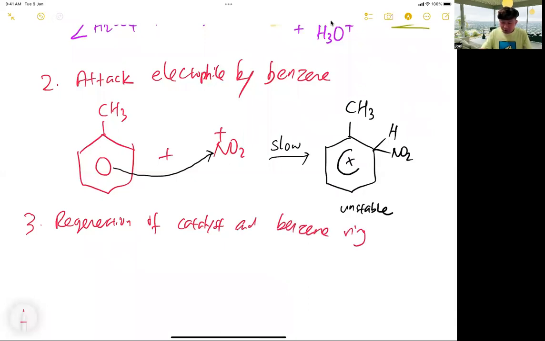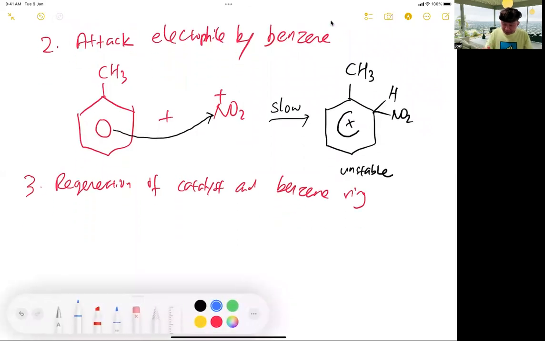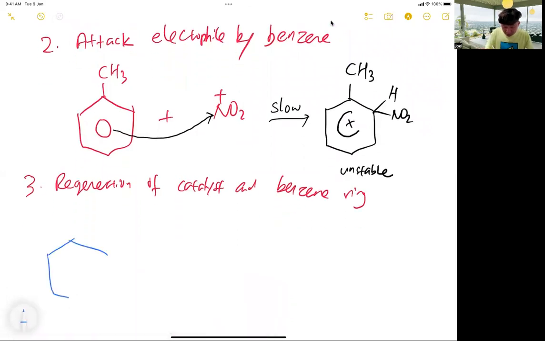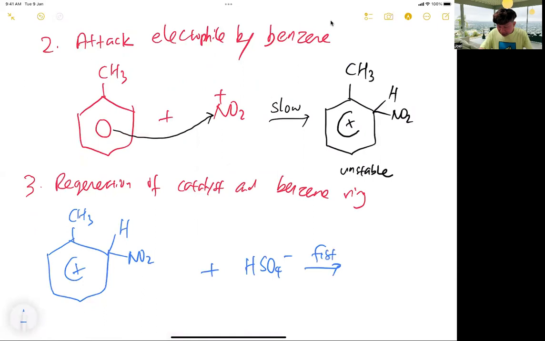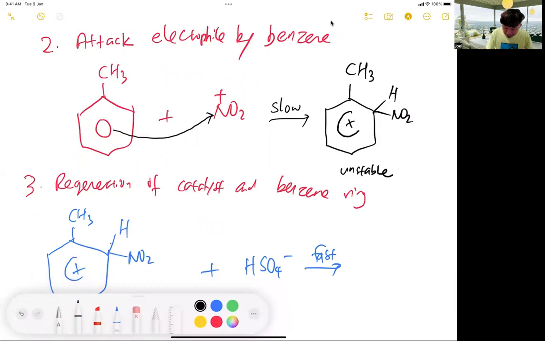Same thing, different schools write different titles, but the idea is the same. So now like that, plus CH3, this is H, this is NO2, plus your HSO4 minus. I need to regenerate the catalyst. It's fast. Different schools differ: some must draw the attack, but nowadays they just draw like that. Double check your school.